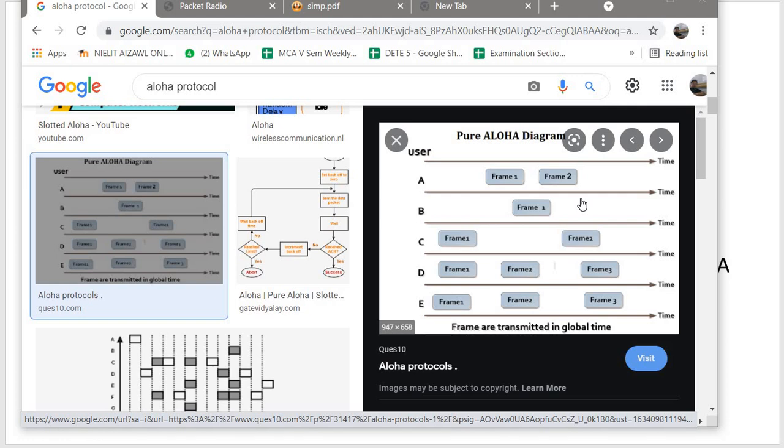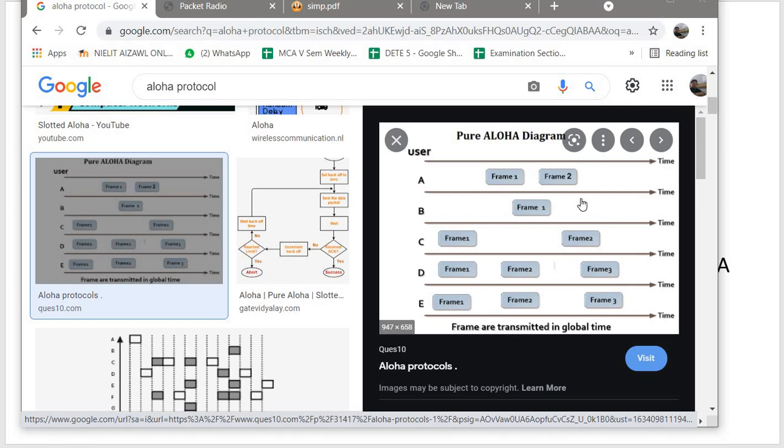Also, if a station keeps trying to send a frame, it is not allowed to generate more frames to send. If one frame is sent, it is not allowed to create a frame for the next transmission.